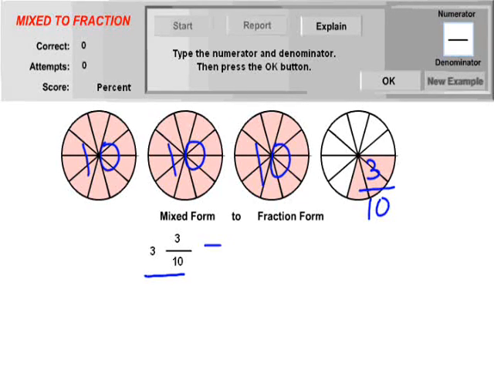So 3 and 3/10 is equal to 33/10, because if I add up each of these little segments here, I will count 33 of them, and each circle is divided up into 10 parts.